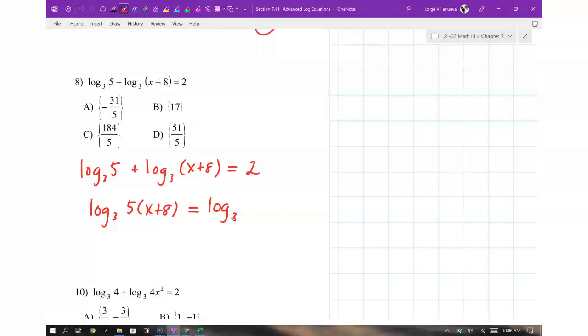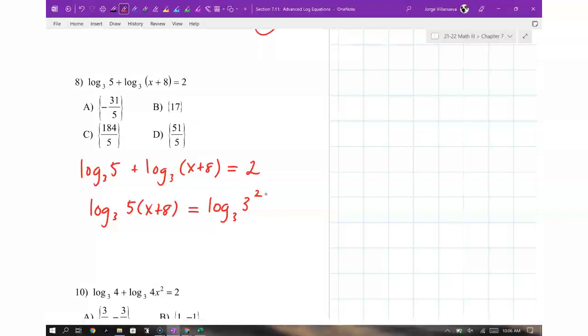Remember, it was a little trick, right? 3 squared, yeah. You're supposed to make it match the base and then write the number that was on the end as its power. So that's how you trick the problem.